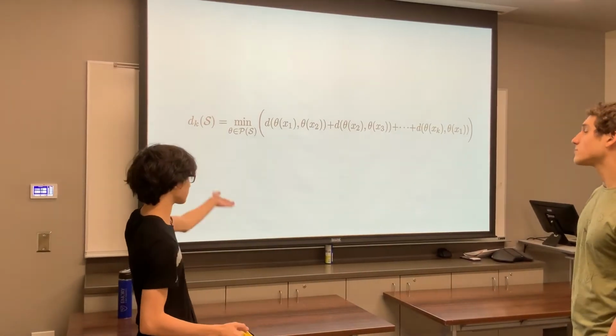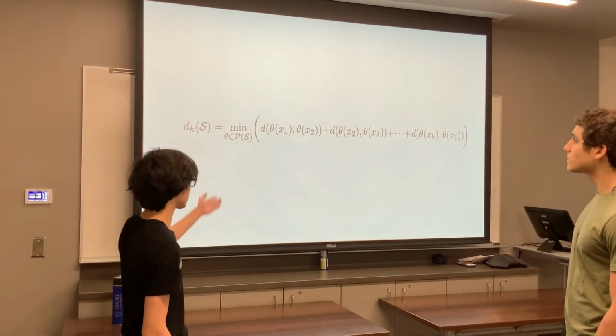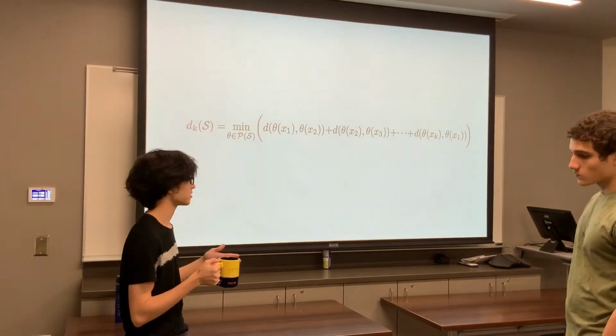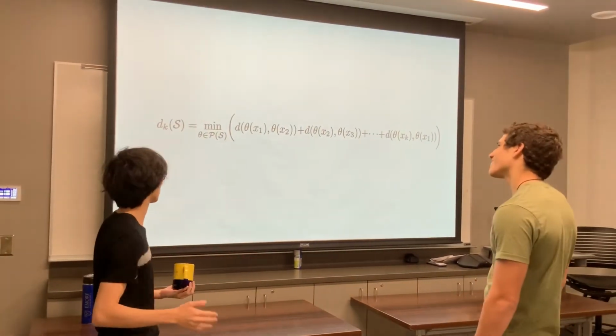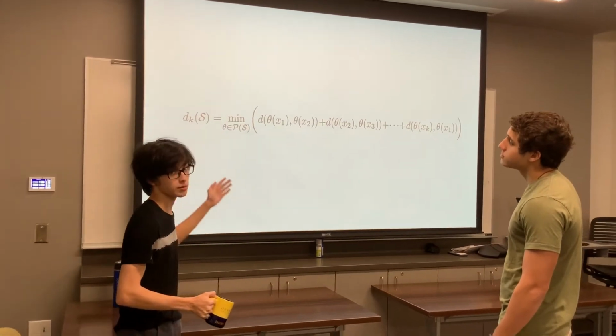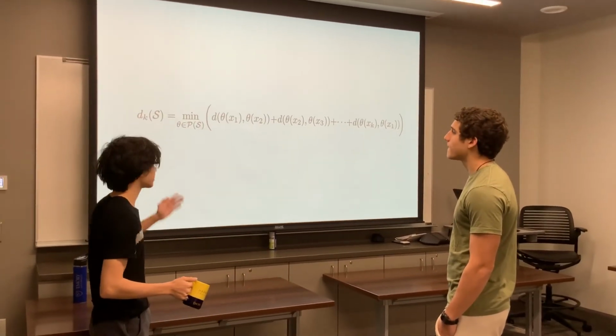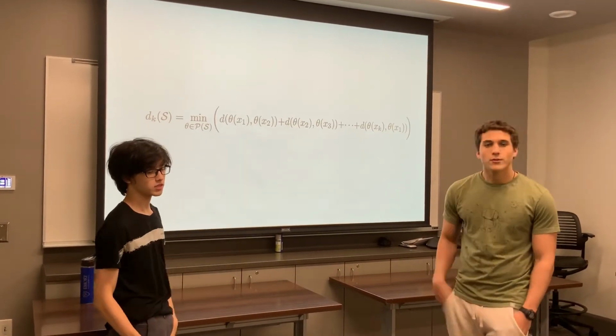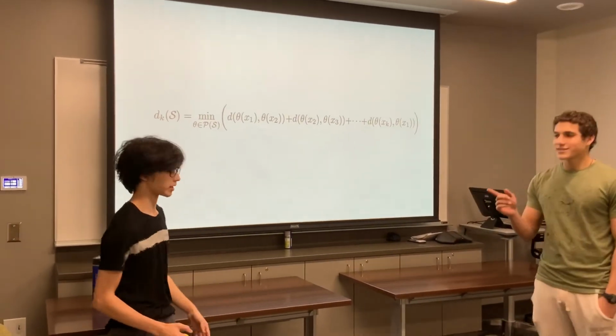As you see, theta is an element of P of S. And each theta in the equation shows one possible path that we can take from a vertex to another. D here means total distance, and K means the number of stops and vertices that we need to stop at. Makes sense.